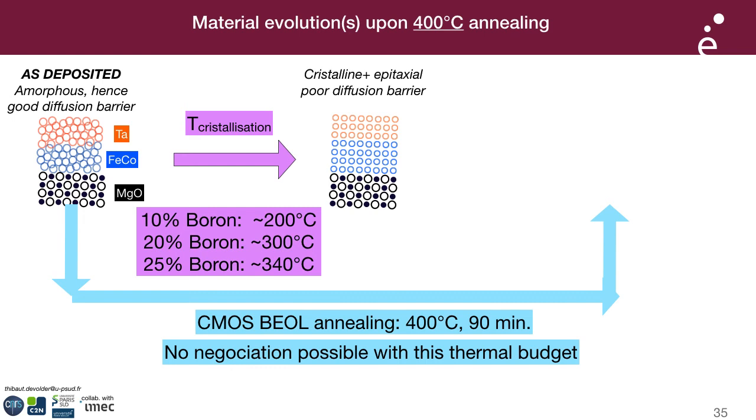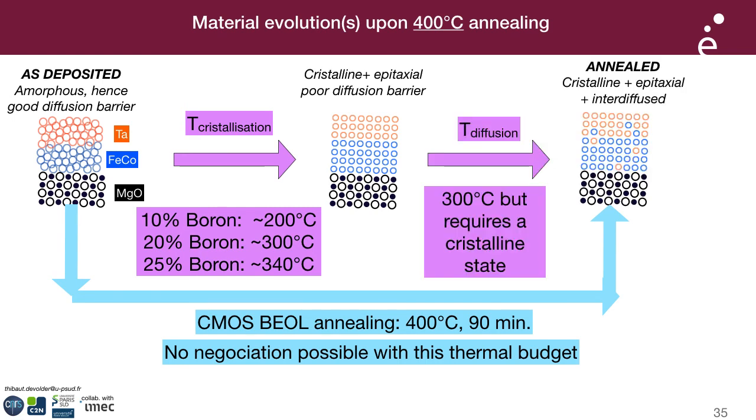But the crystallization happens at some temperature and you go on annealing, which unfortunately triggers interdiffusion, which is harmful for the TMR and for the damping. So the solution is to try to avoid this second step of diffusion.